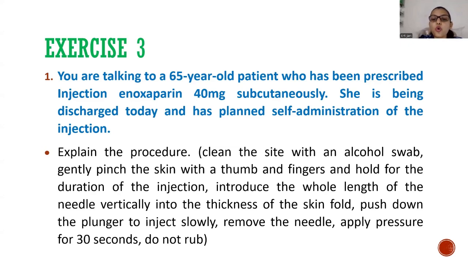Thirdly, you should introduce the whole length of the needle vertically into the full thickness of the skin fold so that it will enter up to the subcutaneous fat. You should then push down the plunger to inject slowly. It's done. You just have to remove the needle. It's very tiny. And then you should apply some pressure for at least 30 seconds. Lastly, make sure that you do not rub the area.